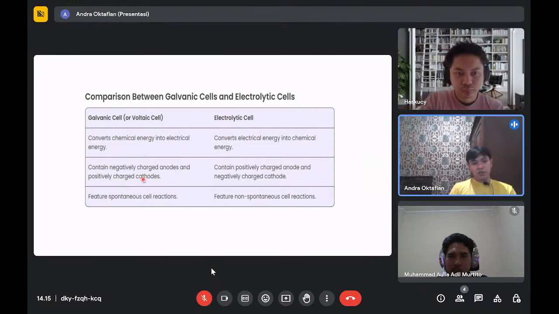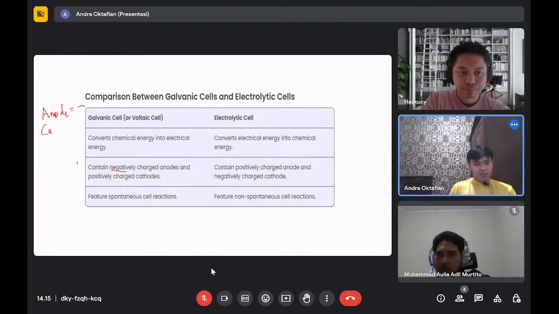So in a galvanic cell, the anode is negative and the cathode is the reverse, positive.